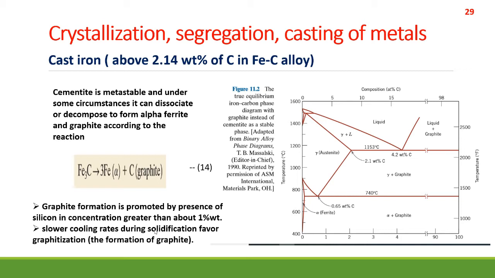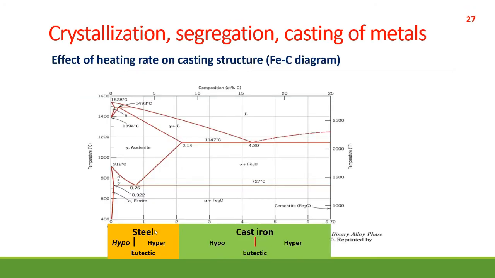As I already said, cast iron is the portion of our iron carbon phase diagram where you have more than 2.14 weight percentage of carbon. And at this portion, we find something called cementite, which is Fe3C, and you must have noticed it in the previous phase diagram.